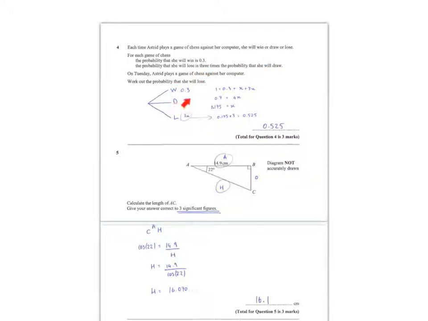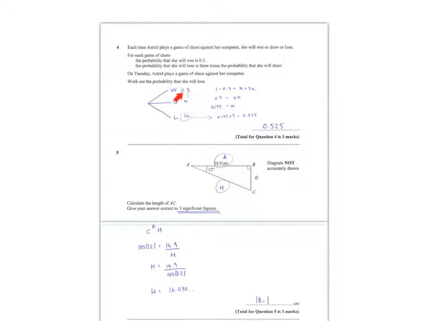So if I call the probability of her drawing x, well, the probability of her losing is 3 times that probability, i.e. 3x. Now we know that these are the only 3 outcomes, either a win, a draw, or a loss. Therefore, the total of those probabilities must sum to 1.